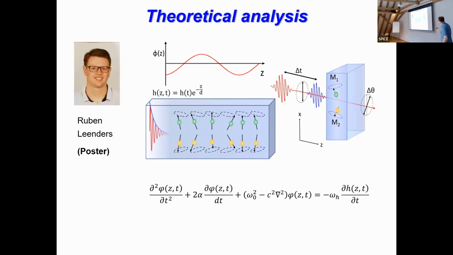Here the confinement is due to the absorption, characterized by the penetration depth D, which can be as small as 50 nanometers, as will be discussed at 2 p.m.